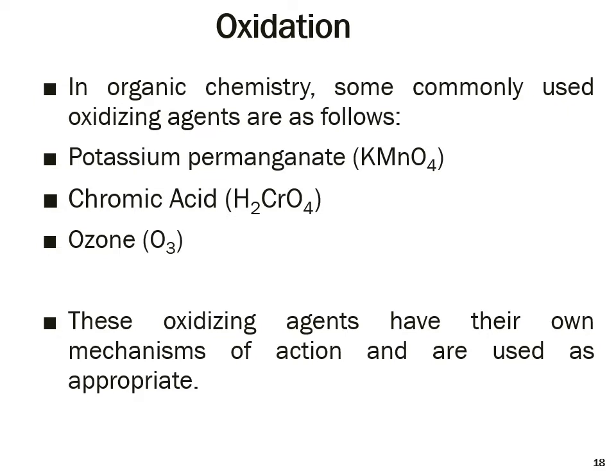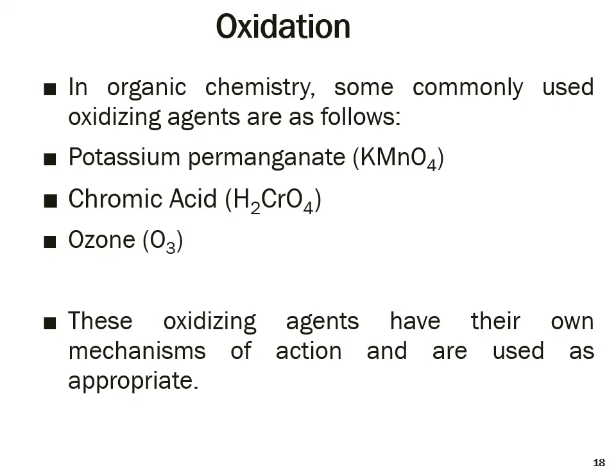So this was all about the reduction part. Now we move on to the oxidation. Similar to the reduction in organic chemistry, there are some commonly used oxidizing agents, some of which are given here. Potassium permanganate, KMnO4, is quite a common oxidizing agent. Similarly, you can use chromic acid as an oxidizing agent.